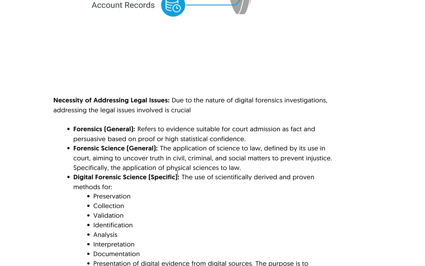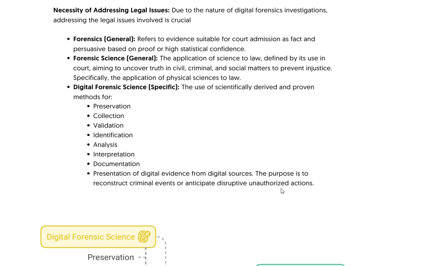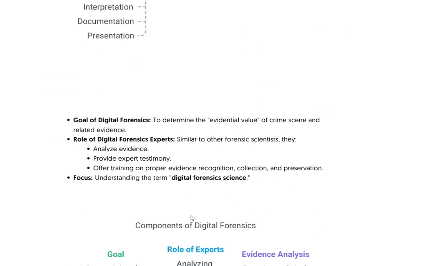Specifically, the application of physical science to law. Digital forensic science is the use of scientifically derived and proven methods for preservation, collection, validation, identification, analysis, interpretation, documentation, and presentation of digital evidence from digital sources. The purpose is to reconstruct criminal events or anticipate disruptive, unauthorized actions.